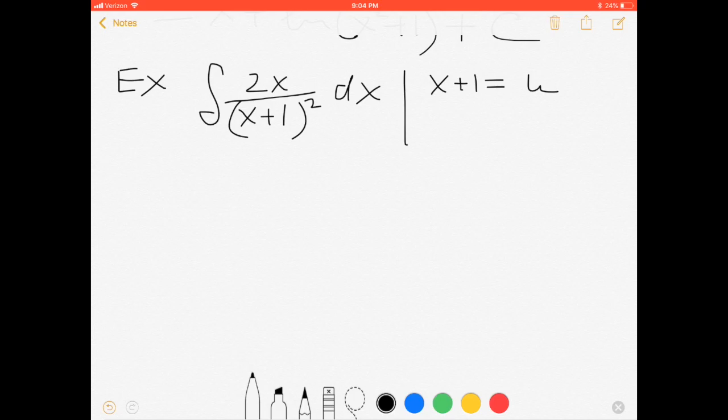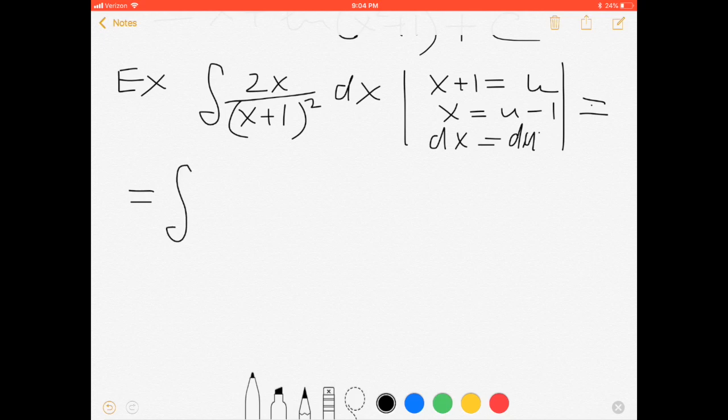Then you can see easily x will be u minus 1, and dx is exactly du. And we have now twice u minus 1, because x is u minus 1, divided by u squared du.